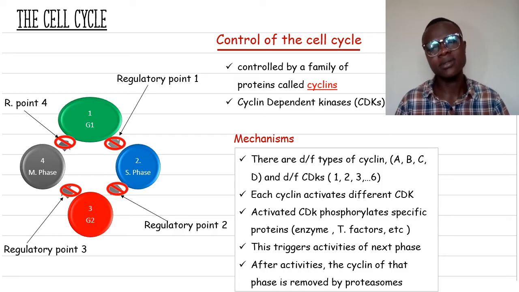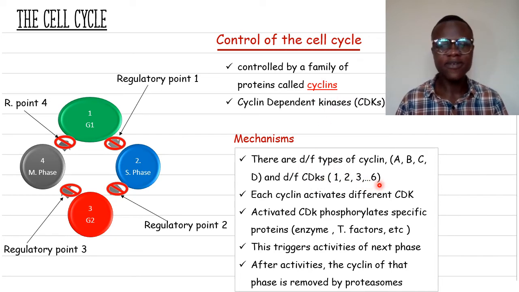How does it happen? Let's look at the mechanism. Know that there are different types of cyclin, meaning a family: type A, type B, type C, and type D. Whereas the cyclin dependent kinase also has different types: type 1, type 2, type 3, type 4, type 5, up to type 6.